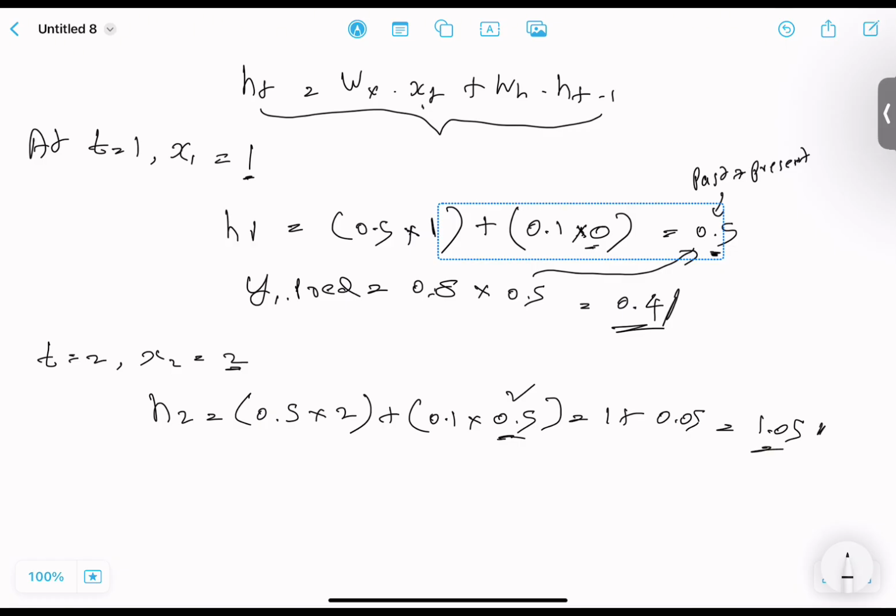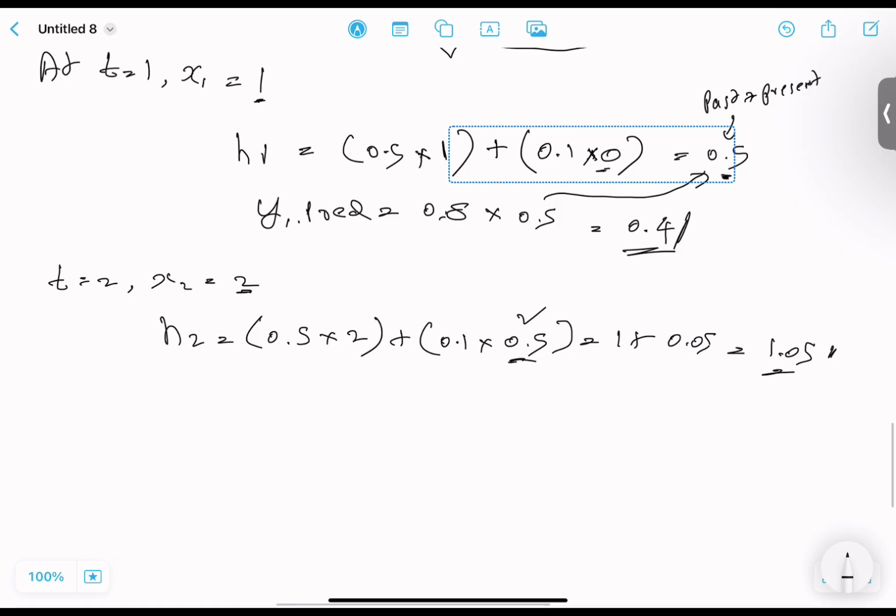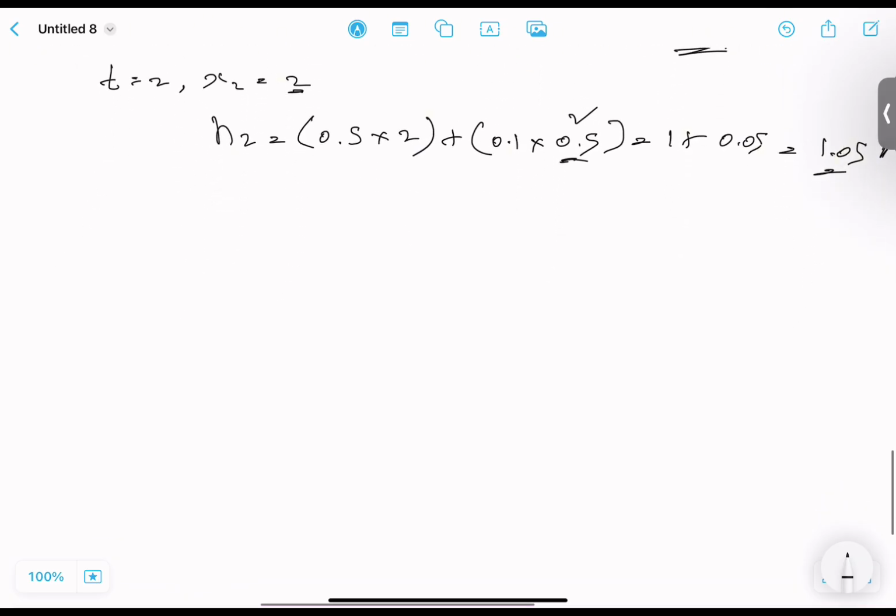So this is at time step 2. Likewise, if I take time step 3, where x3 equals 3, let's do the quick math. 0.5 into 3. Why 3? Because the input is 3.